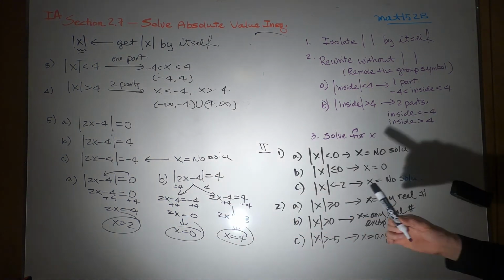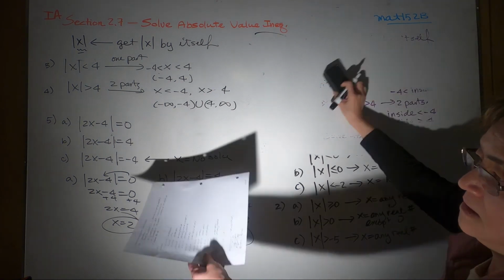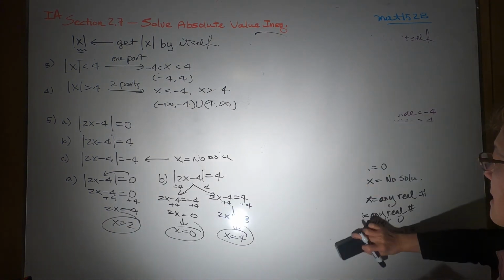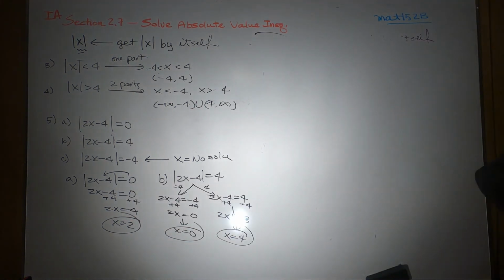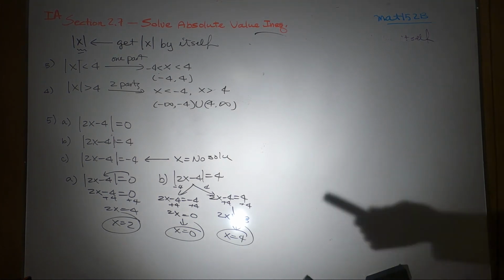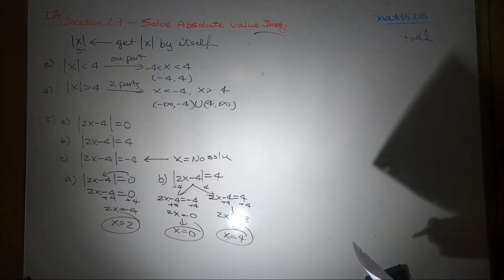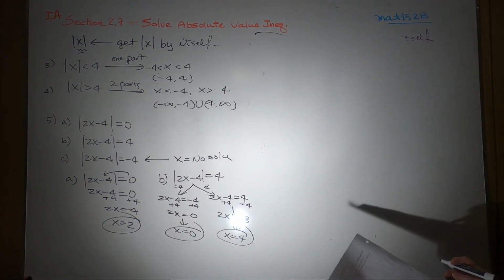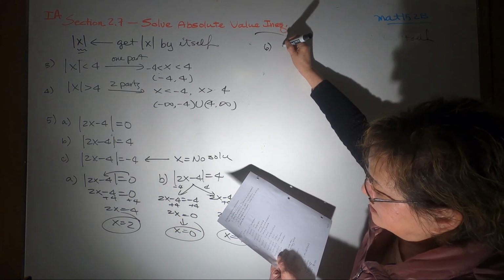But for more complicated equations or inequalities, where inside you have more complicated situations, we need to rewrite it to one part or two parts, right? Equations, you just have equal. But the inequalities, you have to decide if it's one part or two parts, right?